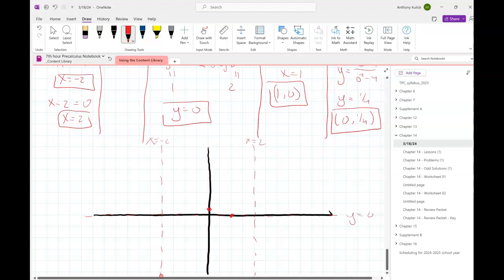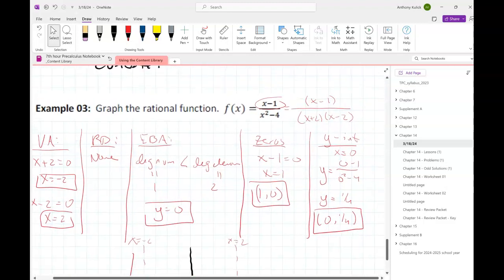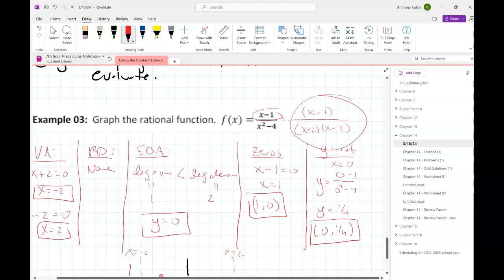Okay. Because I know my graph isn't going to cross the asymptotes, the left end of my graph is going to look like one of those two things. I don't know which one quite yet. So I'm going to pick a test value, say -3, and plug in to see if I get a positive or a negative value.